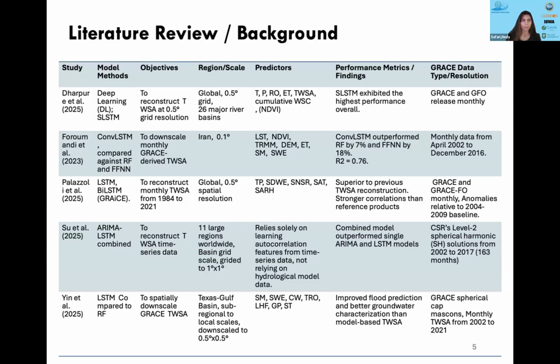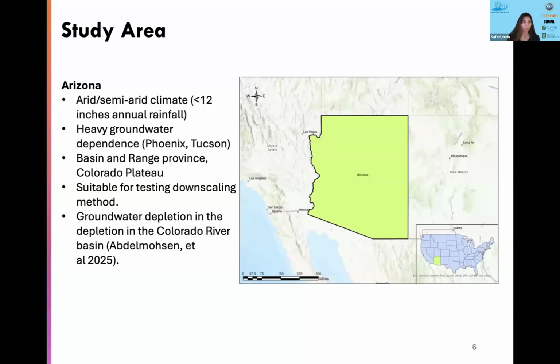And now Ashish will explain the study area. Thank you, Neda. So let's talk about our study area. Our study area is Arizona State, which is characterized by an arid to semi-arid climate, receiving less than 12 inches of annual rainfall. This limited precipitation drives heavy reliance on groundwater, especially in major urban centers like Phoenix and Tucson.